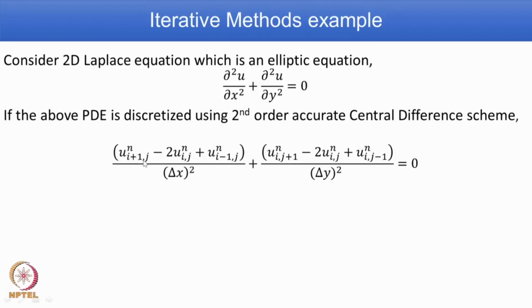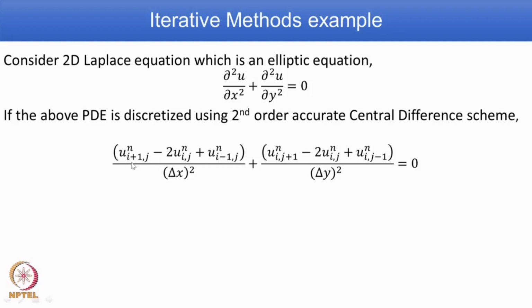Let me read that term: u i plus 1 j n minus 2 u i j n plus u i minus 1 j n divided by delta x squared. This is a central difference scheme applied to the first term in this equation, dou squared u by dou x squared.